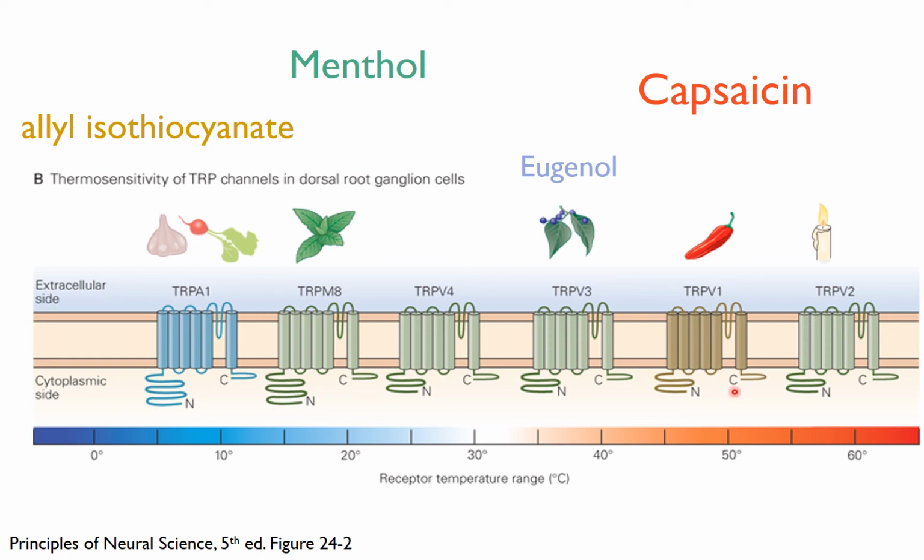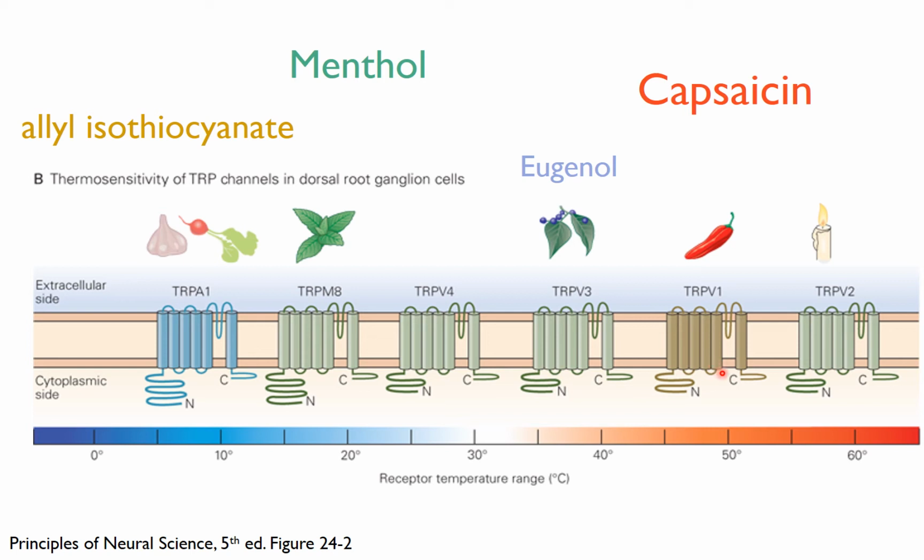But it takes quite a bit of actual heat, and part of that is why the painful sensation associated with straight capsaicin or chili pepper is also conflated with feelings of hotness. That's because it's the same receptor. This particular receptor, TRPV1, can respond to 50 degrees Celsius temperatures, but it can also respond to capsaicin.